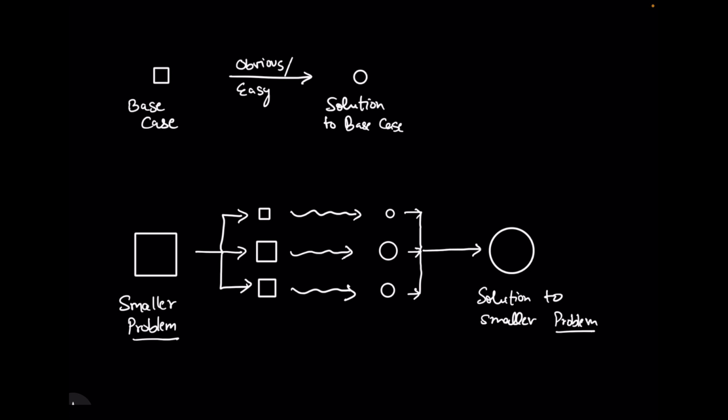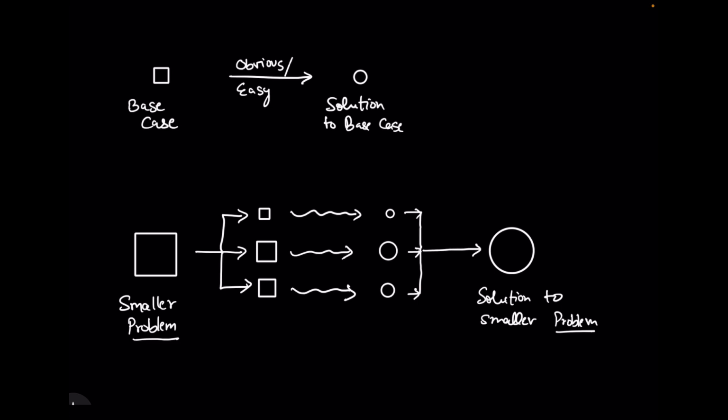Then you use these solutions of base cases, and you combine them slowly to build the solutions to your higher level problems, to your slightly bigger problems, and then to problems that were bigger than that, and eventually you reach the solution of your original problem, right?